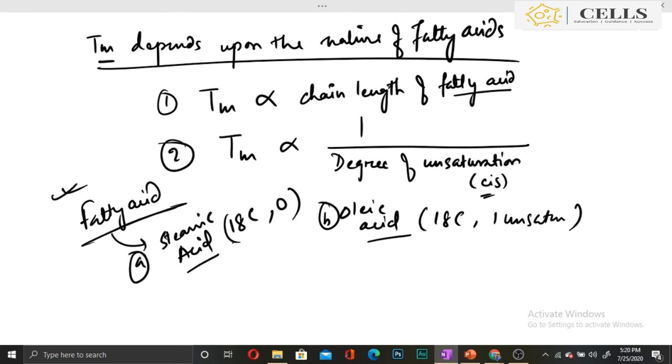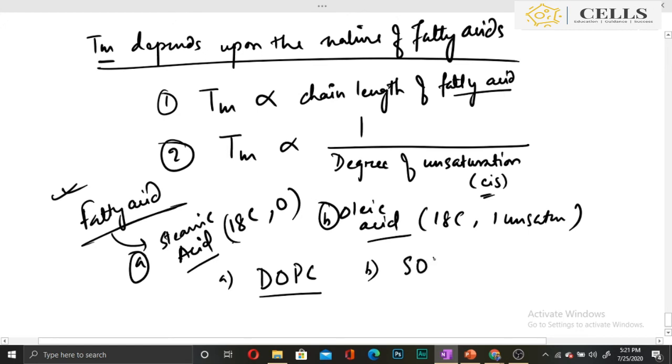Now suppose I give you a question like this. We have DOPC, dioleoyl phosphatidylcholine, which is a kind of phosphatidylcholine. Second, we have stearoyl oleoyl phosphatidylcholine, and third, distearoyl phosphatidylcholine.